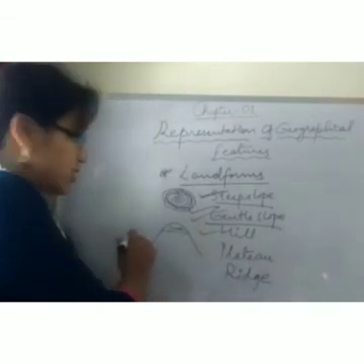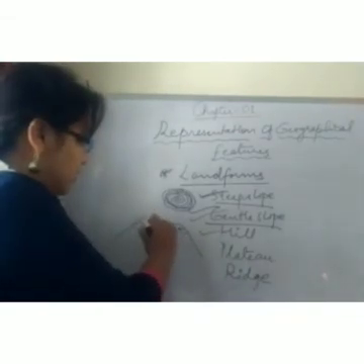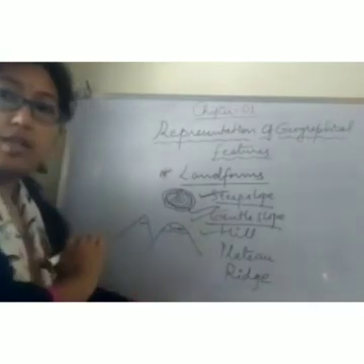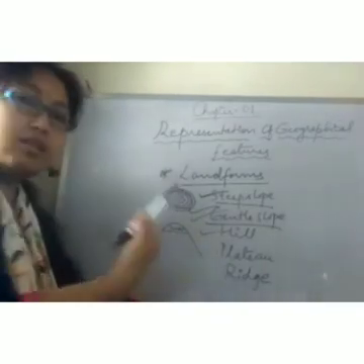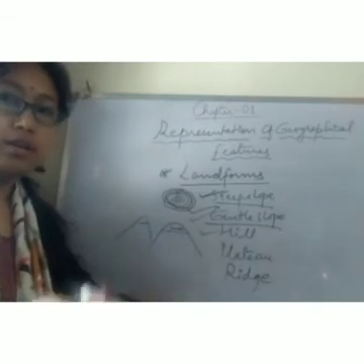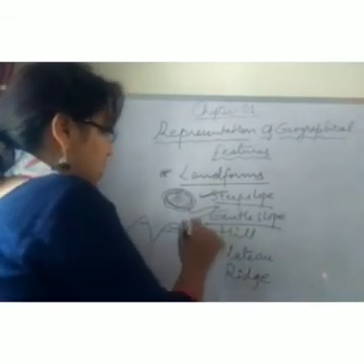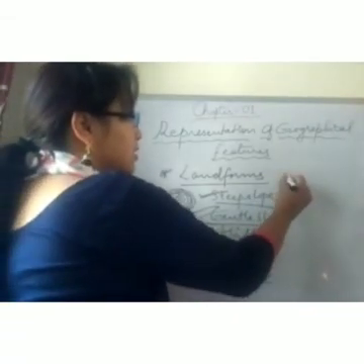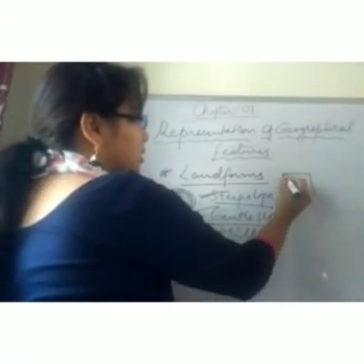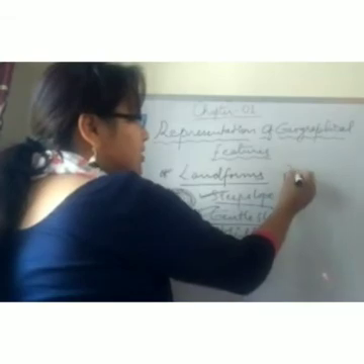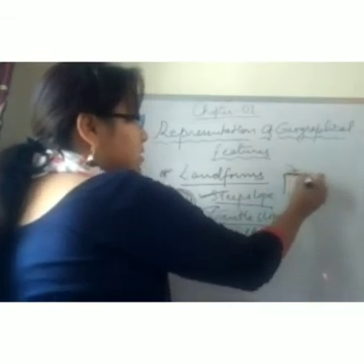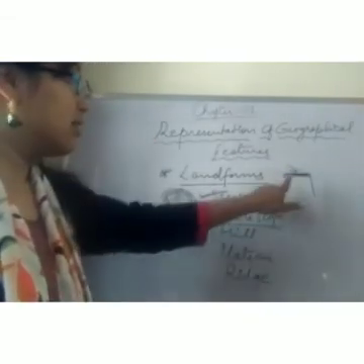Somewhere conical, somewhere this type of summit. So these are either hill or mountains. But plateau is what? It is a raised area, but the top of this land is almost flat. So that's plateau.